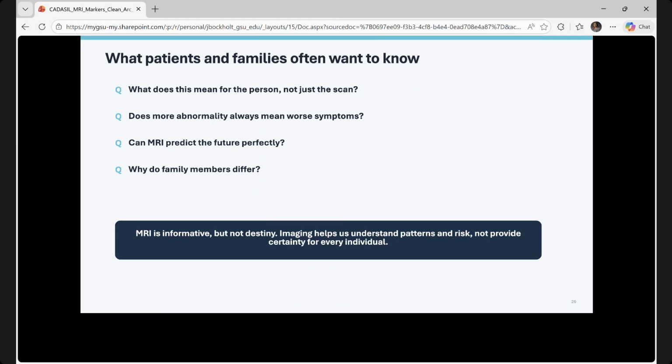And why do some family members, maybe even with the same mutation and same environment, differ? These are all questions that we have in our minds and that we are trying to organize our research to help start to answer. But as of now, we don't have answers to these questions. So, next slide.